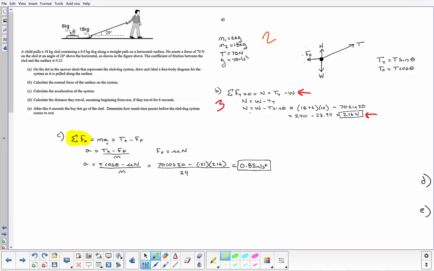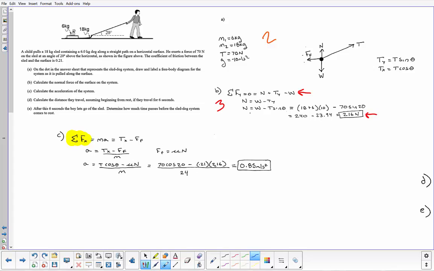So we have ma, which is equal to the x component of tension minus the friction force. Isolating a and then plugging in the proper setup for Tx, and then also recognizing that Ff is mu Fn, which in my case is mu N.